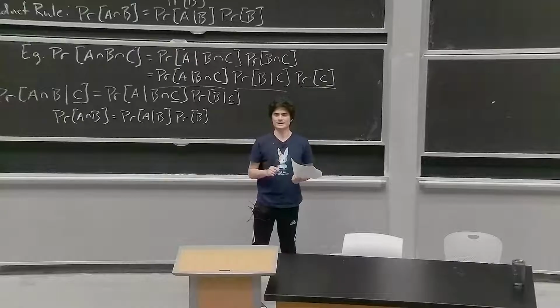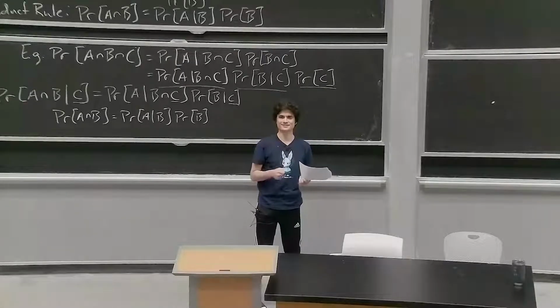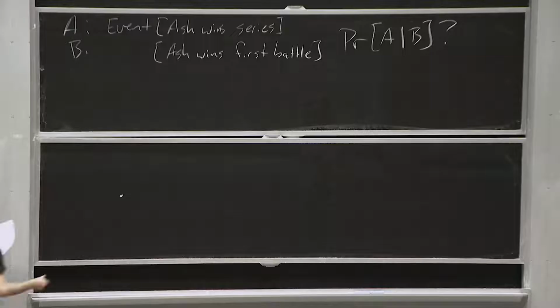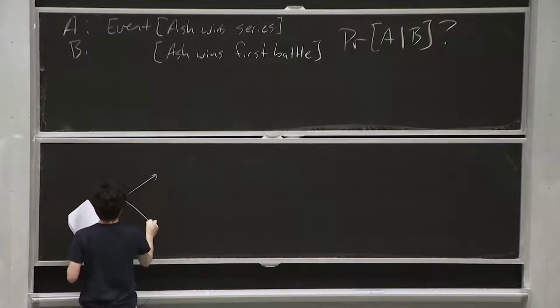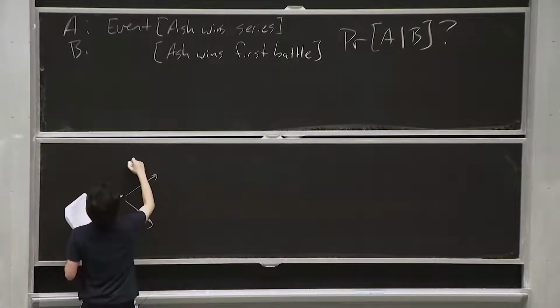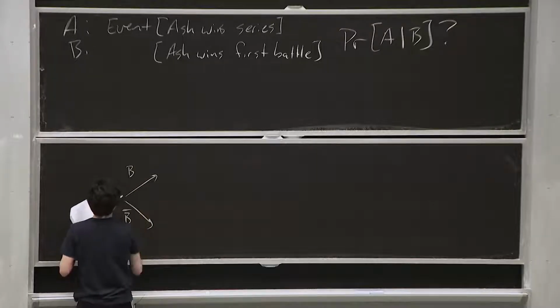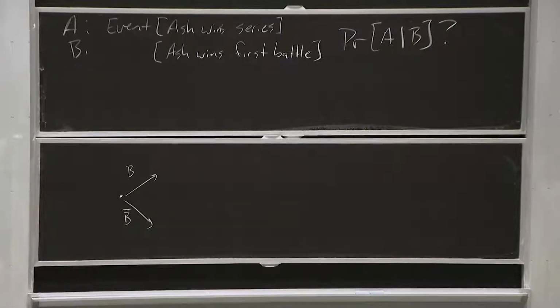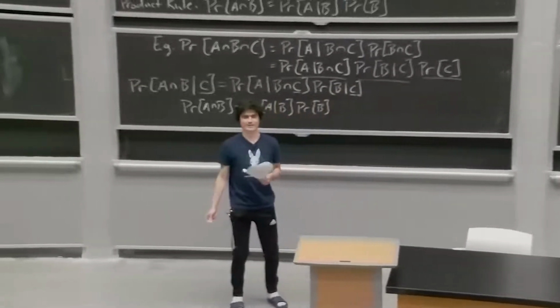Yeah. So Ash could win or lose the first battle. So we can label these as B and not B. Okay? What's the next random thing that could happen?